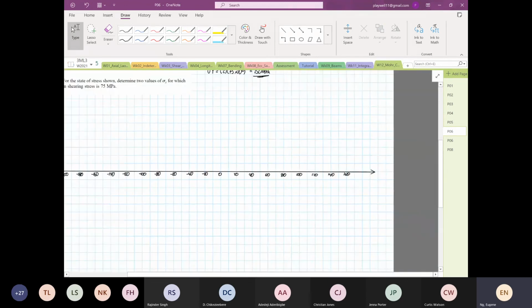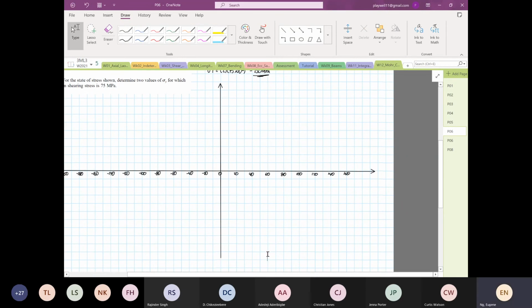Then on your Y axis, 20, 40, 60. I'm going to stop at 80, or rather I'll draw to 100. Shear clockwise, shear anti-clockwise.